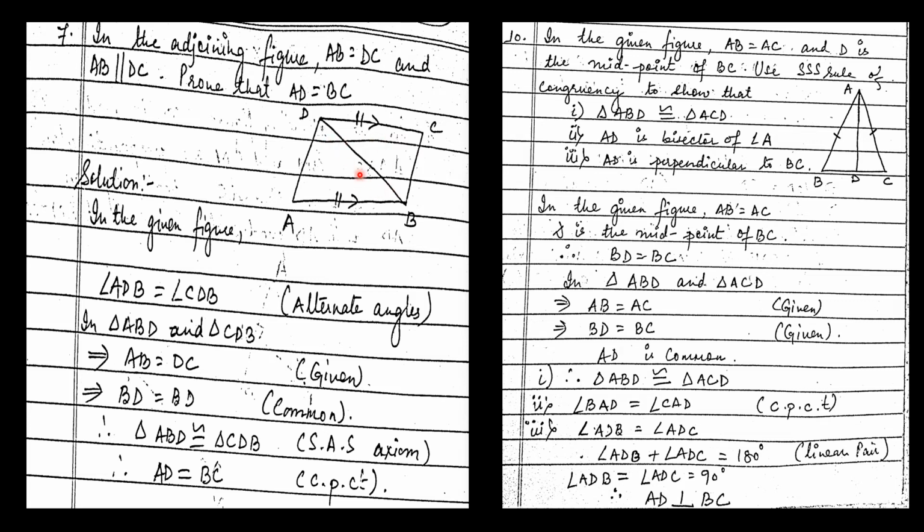Now, angle ADB and angle CBD are alternate angles here, so obviously they have to be equal, and AB is equal to DC is already given to us in the question, and BD is a common side, which is obviously equal to itself.